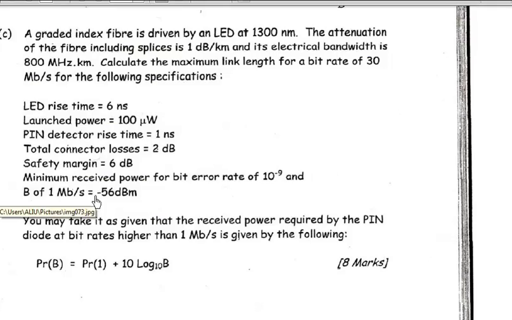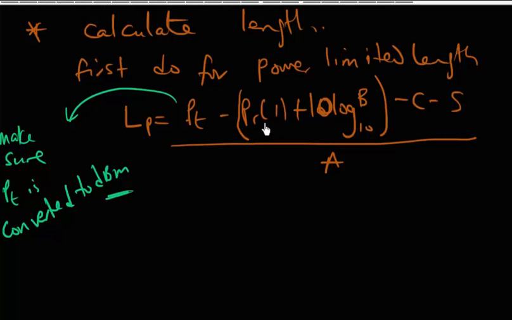This is PR of 1. So once you see minus something, you know that is PR of 1. Don't worry about the rest. When you get that, you convert your PT first, then put in 10 log B, just taking the bandwidth as it is. It will give you connector loss, safety, and attenuation. So you get the length.